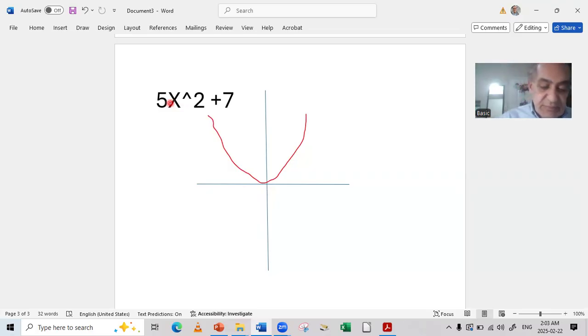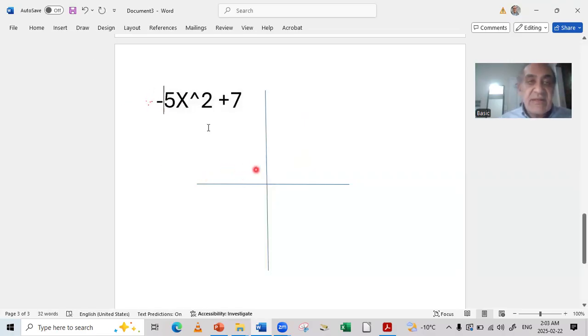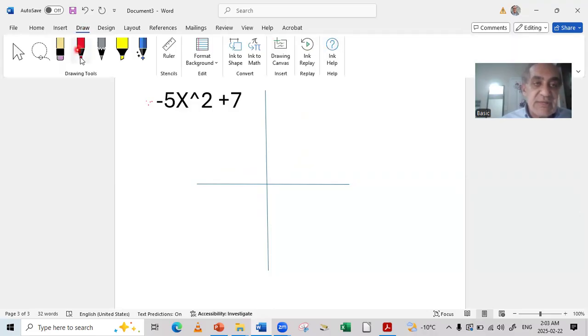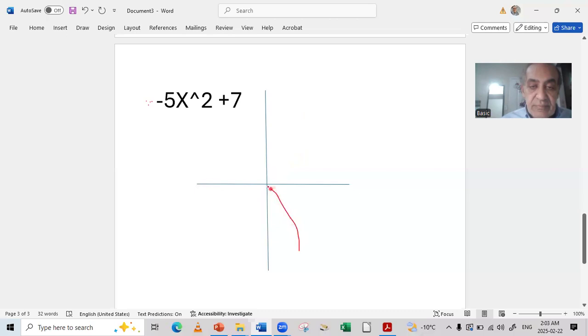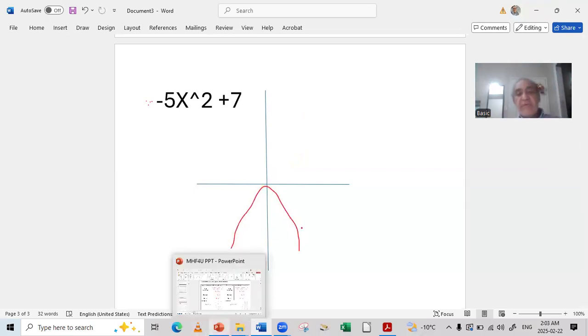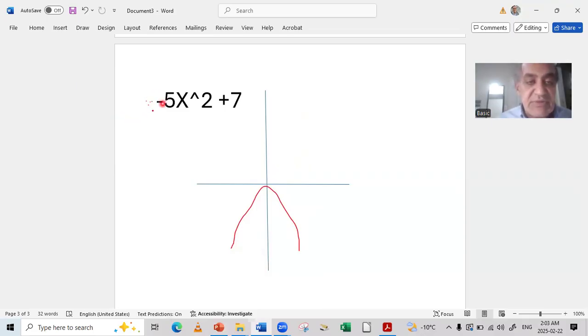But if it was negative, I mean here we have minus, we have minus here, then in that case, we will go like this. The figure will be down because of this minus.